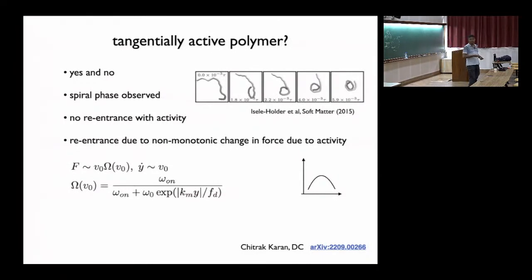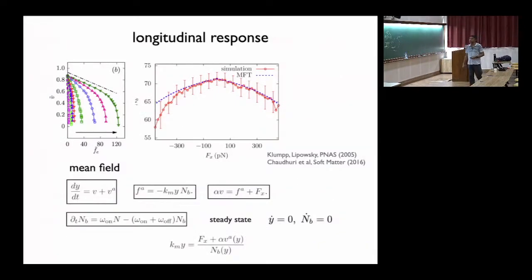And the processivity itself, if I increase activity, the extension increases, as a result the detachment rate increases, and as a result overall processivity decreases. So together they generate this kind of profile: you can increase V0, but the force felt by the filament will not monotonically increase, it will increase and then decrease. This is not any theory or anything, this is just a hand-drawn cartoon. Okay, so this gives us conformations.